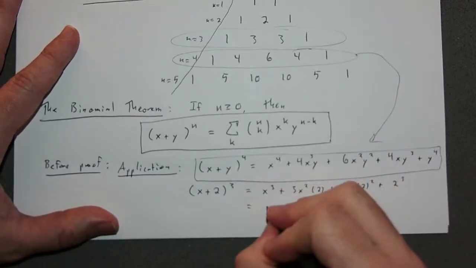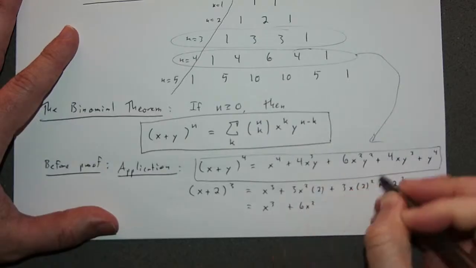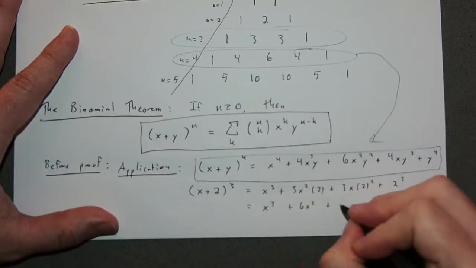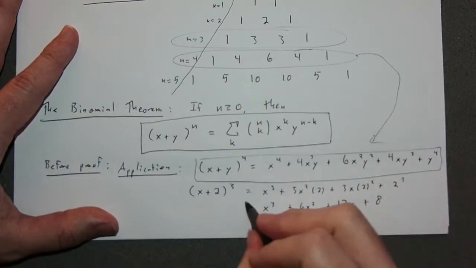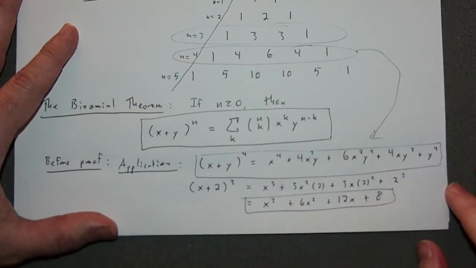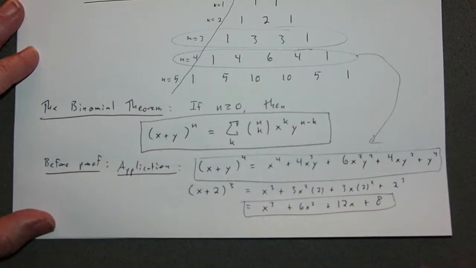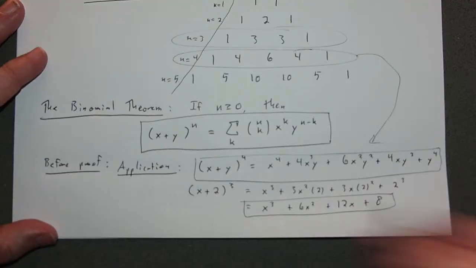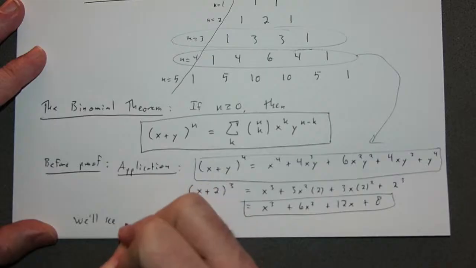So this would be x cubed plus 6x squared plus 12x plus 8. All right, another quick application of the binomial theorem. Of course, this is its bread and butter. This is what it's made for. We'll see more after we prove it.